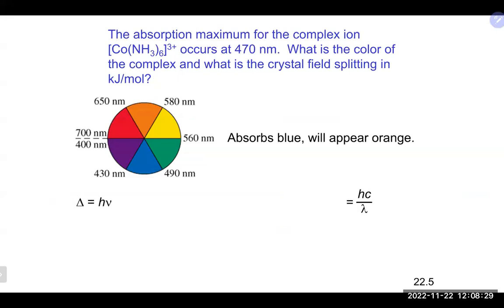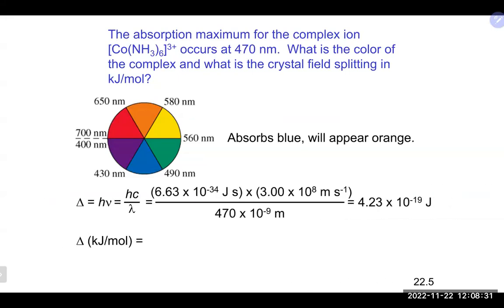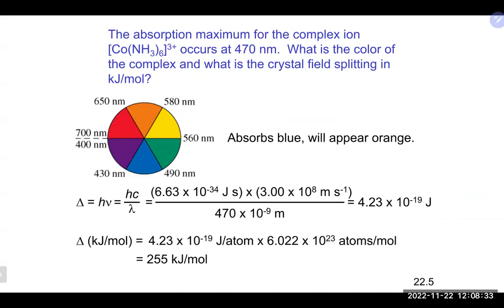But I think you have this one worked out for you, so we'll go through the calculations and see how we get there. So first off, if we take the absorbance maximum for this complex ion, which has a coordination number of 6, is 470 nanometers. What is the color of the complex ion? That is what I was just referring to.